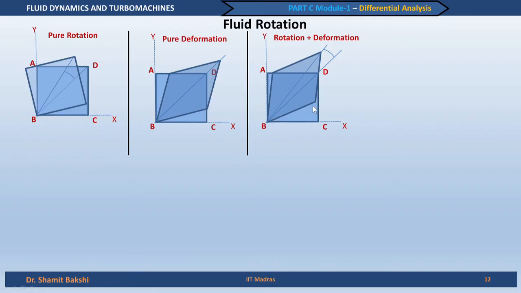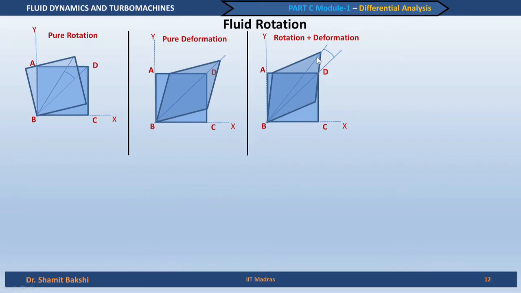So, this position is different from the location of the fluid element shown in pure deformation, in the sense that now if you draw a diagonal of the fluid element in its final position, you will see that it subtends a finite angle with the diagonal of the fluid element in the initial position.